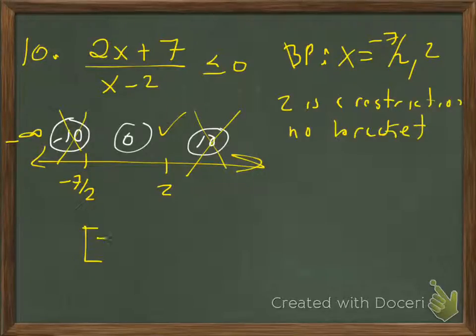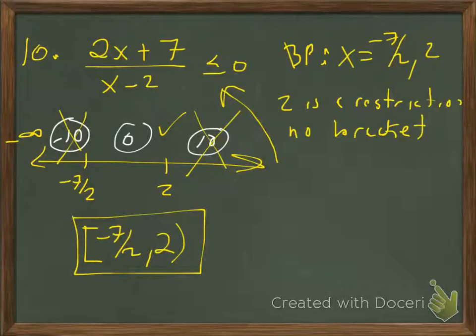Testing negative 10 does not work, because you'll have a positive divided by a positive, which is not negative, and the inequality says less than or equal to. We don't want positive, so plugging in negative 10 and 10 will get positive. When we plug in 0, we're going to get a negative. Okay, because we have less than or equal to, we're going to have a bracket, but only at negative 7 halves. 2 is a restriction.